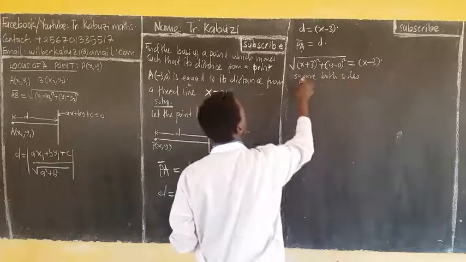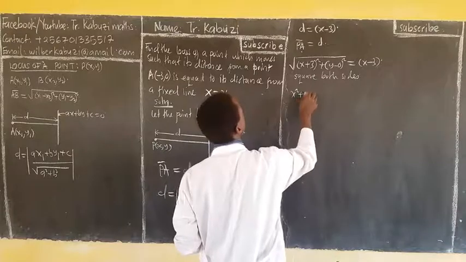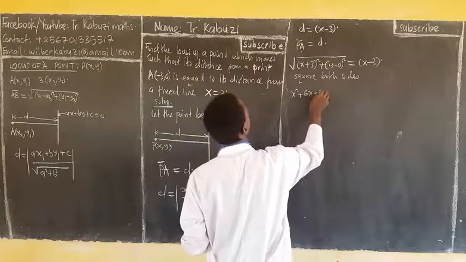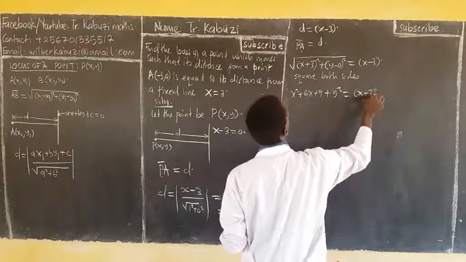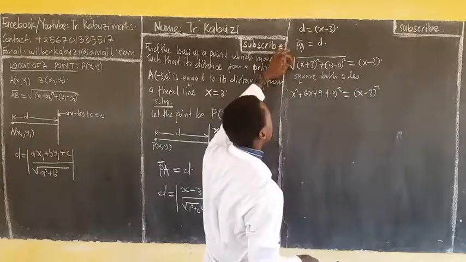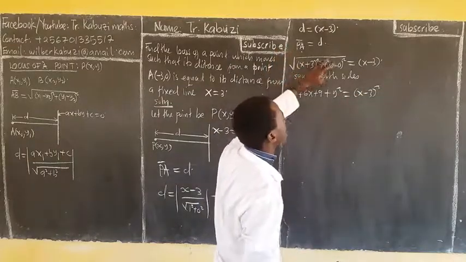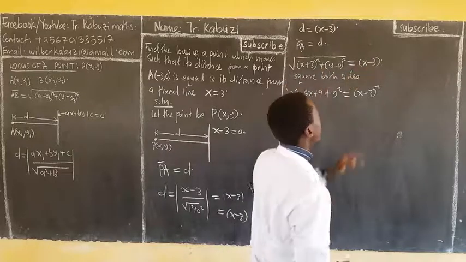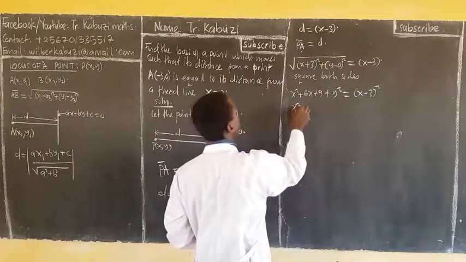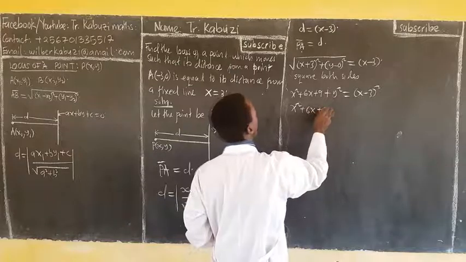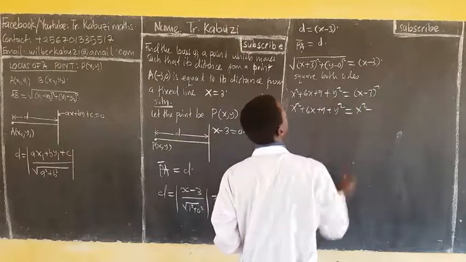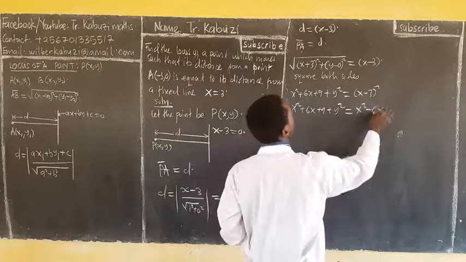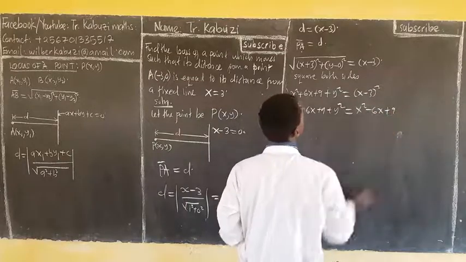And we have, expanding, x squared plus 6x plus 9 plus y squared equaling x minus 3 squared. If I square this, the square root goes away; I expand this, and then I square the other side. So this would be equaling x squared minus 6x plus 9.